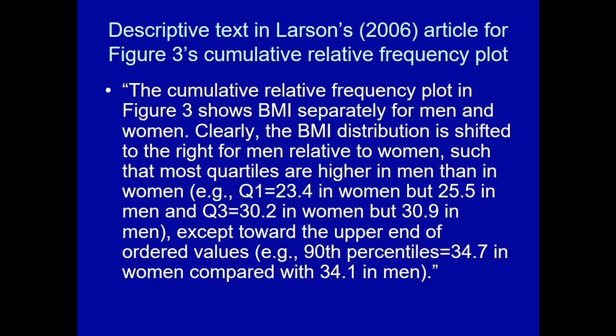For example, Q1 is 23.4 in women, but 25.5 in men, and Q3 is 30.2 in women, but 30.9 in men, except toward the upper end of ordered values, where the 90th percentiles are 34.7 in women compared to 34.1 in men.